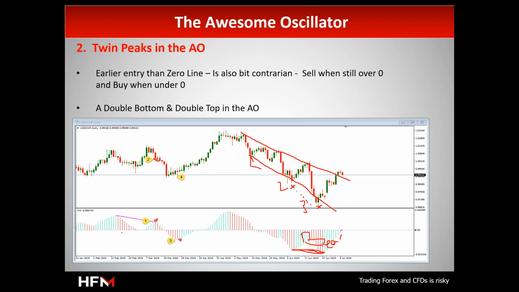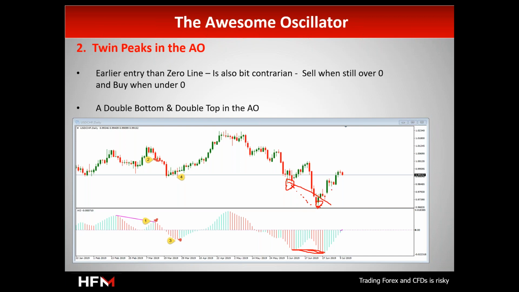So how can you trade the peaks? Let me clear this mess again. You can trade these peaks by taking an early entry before the zero line. If you see, for example, over here, we had consecutive lower lows, and we have also spotted this lower bottom in the Awesome Oscillator, suggesting that this long decline will continue.